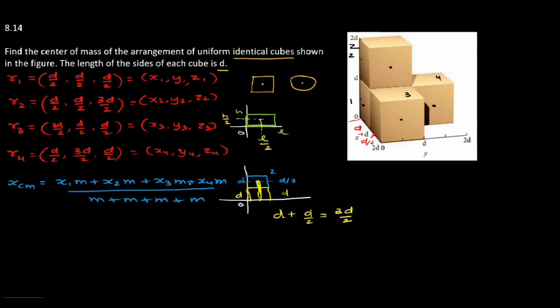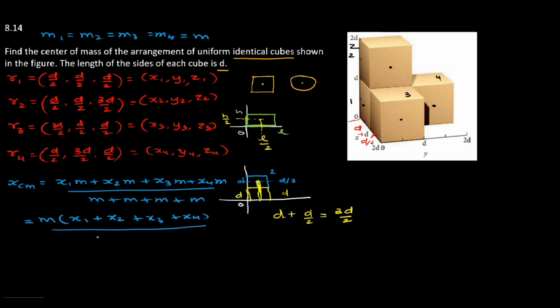But since the cubes are identical, they all have the same mass m. So I can write m1 equals m2 equals m3 equals m4, all equal to m. Now let's take m common. I can write x1 plus x2 plus x3 plus x4 divided by 4m. Cancel the m here. You are left with xcm equals x1 plus x2 plus x3 plus x4 divided by 4.